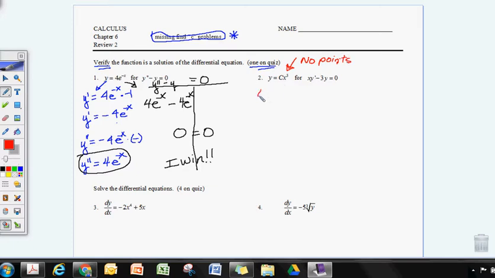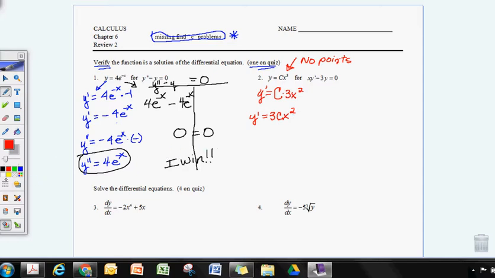So first thing I'm going to do, my derivative y prime equals. The C is some kind of a number, so it just stays there. And now power that down. That's going to be times 3x squared. So in other words, I could rewrite this as y prime is going to be 3cx squared.